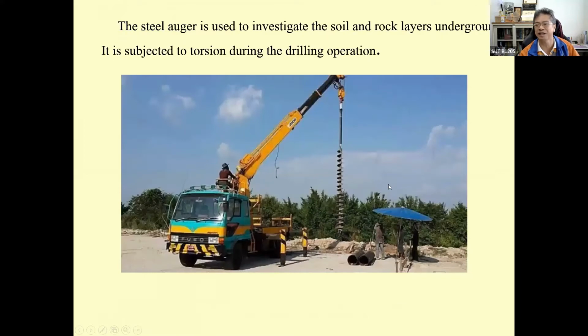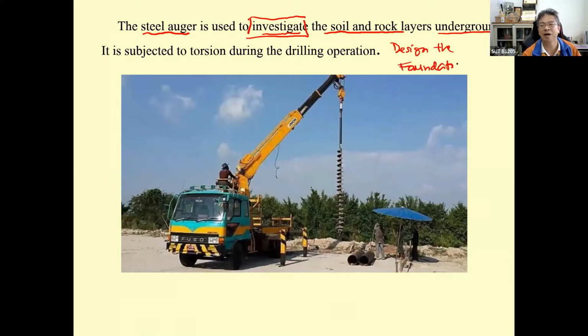And if you are a civil engineering student, later when you go to work, you will use this kind of steel auger to drill the ground and to investigate the soil and rock layers under the ground. So you can use the result from this investigation to design the foundation of the structure. Okay, foundation of a building.